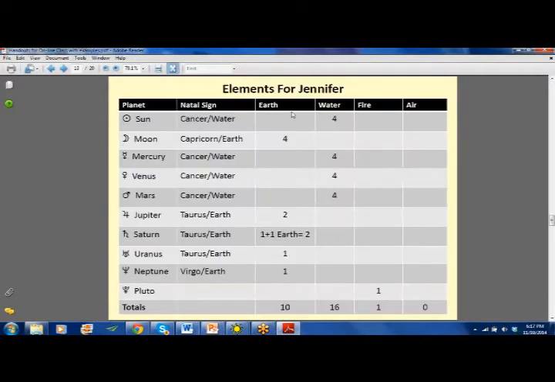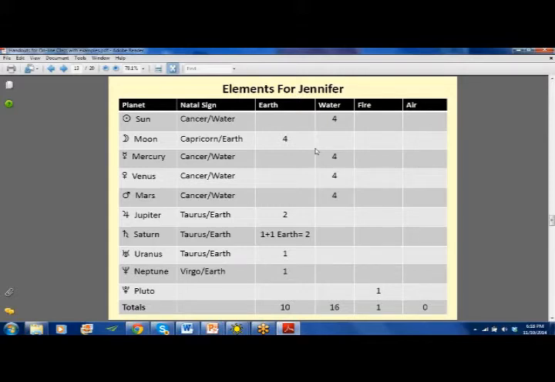Jennifer was asking about her elements, and she said she came up with 13 water, 10 earth, 3 air, 3 fire, and absolutely no air.